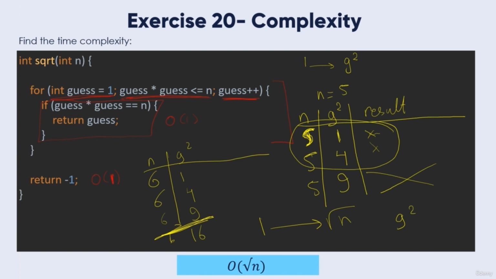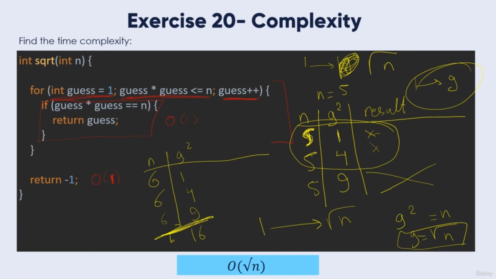Guess square equal to n, g equal radical n. We are moving from 1 to radical n, or it is from 1 to g. Okay? It's very simple.